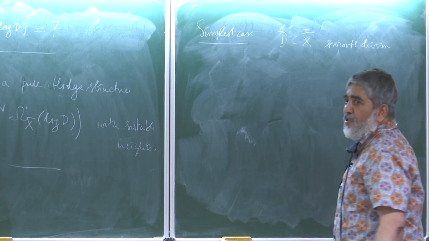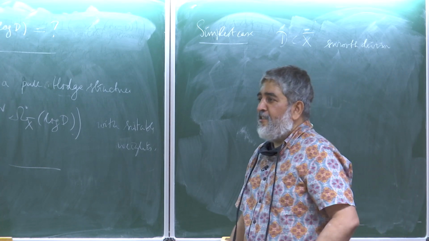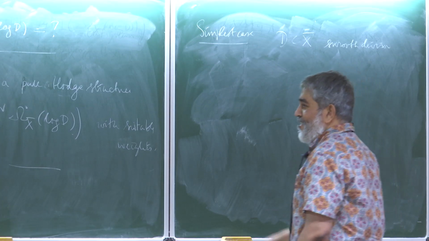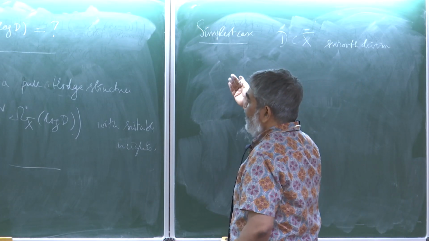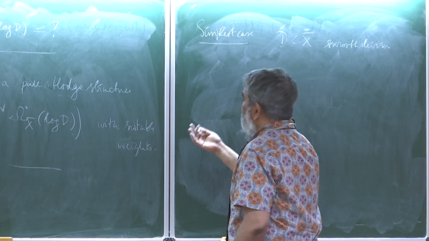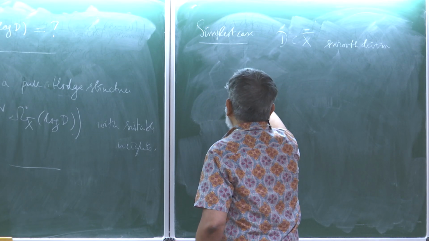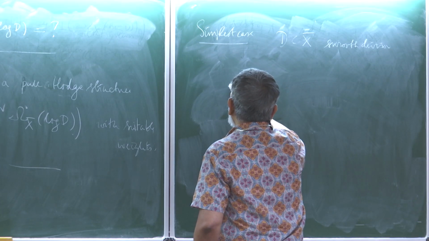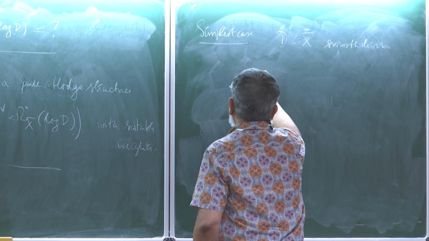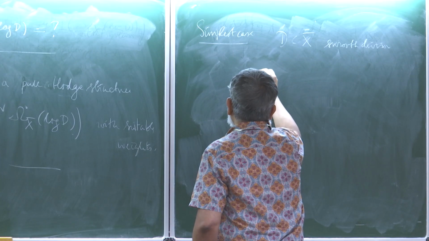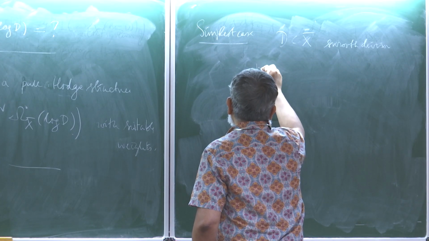This links back to Anand's lecture in the morning, or maybe Srinivas's lecture yesterday, because everything is going to come down to what happens around D. So there are only two terms you are interested in.